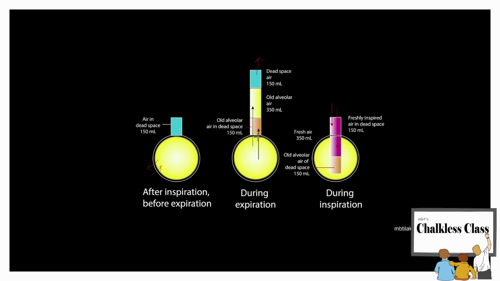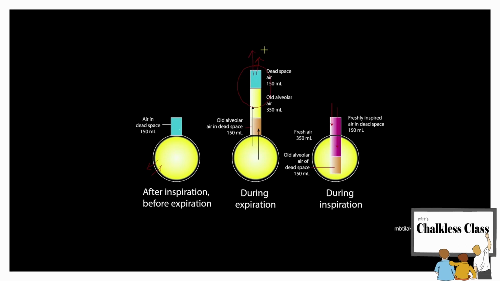In that, 150 ml remains within the anatomical dead space. Out of the 500 ml, 350 ml of whole alveolar air and the air in the dead space, the earlier 150 ml, these two will be exhaled out.